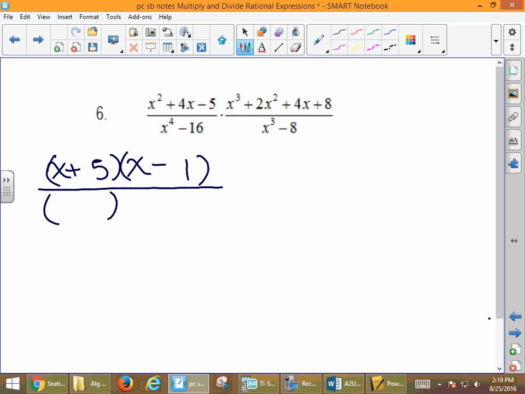But when we factor this, we can start to break apart x to the 4th. And x to the 4th is x squared times x squared. And 16 is 4 times 4. Difference between two squares, different signs.